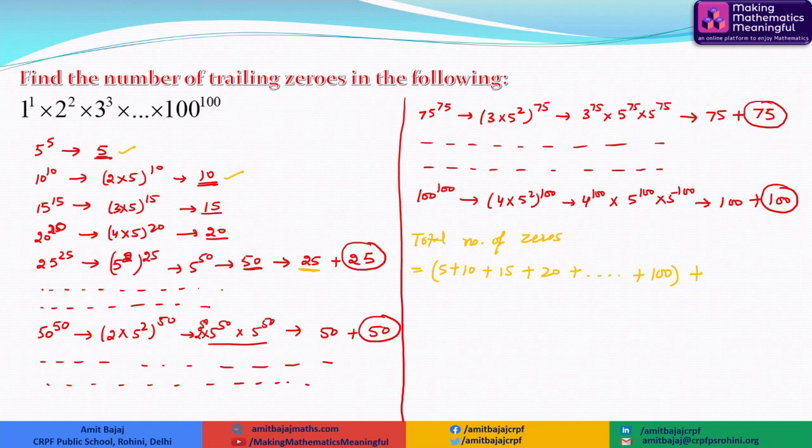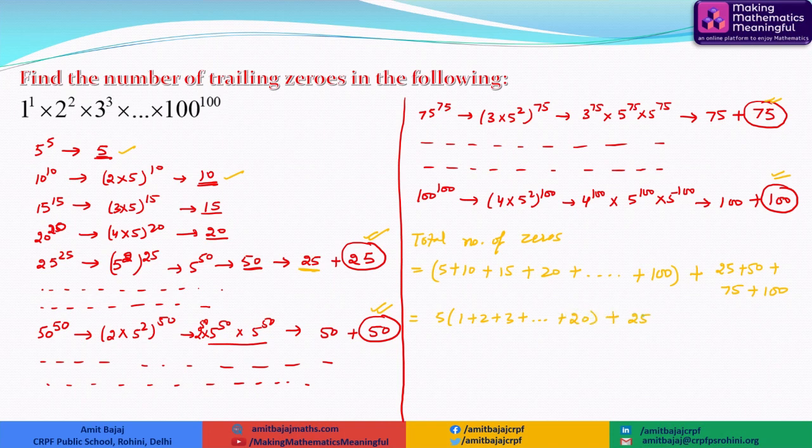plus the encircled one which I haven't written yet. So these four numerical values will also get added. So 25 plus 50 plus 75 plus 100. So one can easily note, taking out 5 common, it is 1 plus 2 plus 3 up to 20.